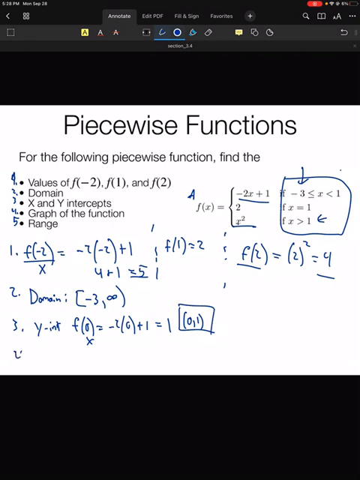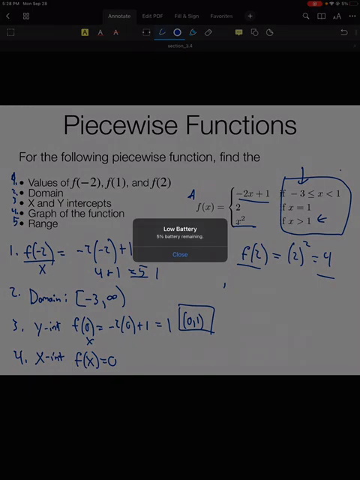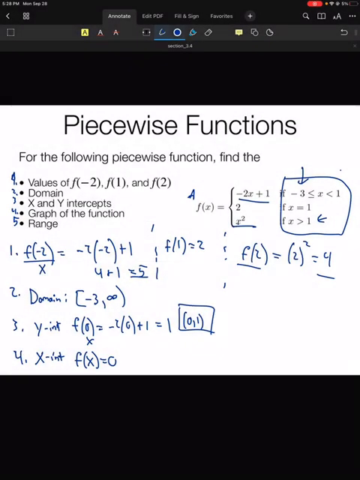Then we'll look for the x-intercepts, which we remember from section 4.3: we set the equation f of x equal to 0 and then solve. Now, this is the challenging part about a piecewise function. We need to set each part of this equation equal to 0 and see what we get out.